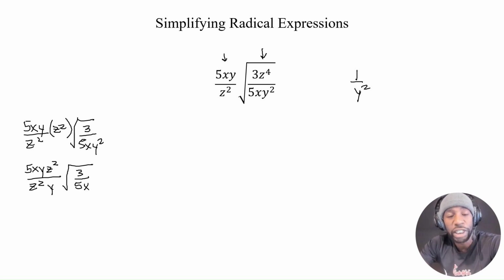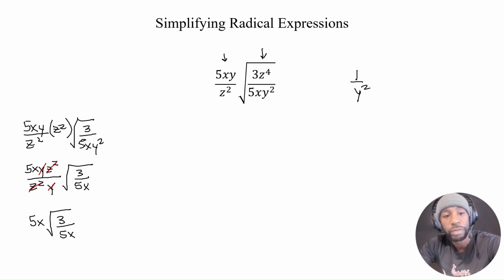You got a z squared on top, z squared on the bottom. Those divide to 1, so they effectively go away. You have a y on the top and you have a y on the bottom. Those go away, leaving just 5x. So now what you have is 5x times the square root of 3 over 5x.